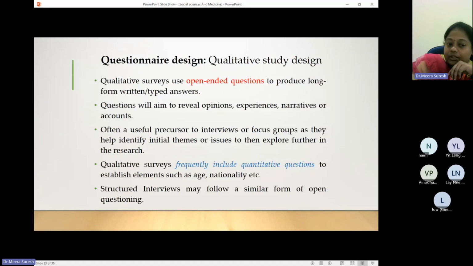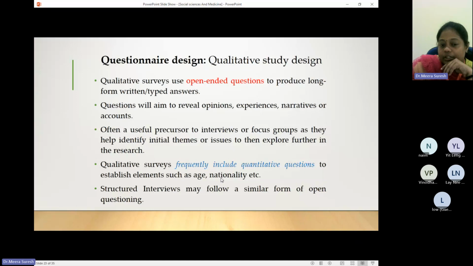And similarly, even the open-ended questions, the unstructured ones for the qualitative methodology, will have some number questions, like to indicate age, nationality, etc. So it is not that exclusively one will be of a particular type, there will be some commonalities, but it depends on how we are going to analyze it.